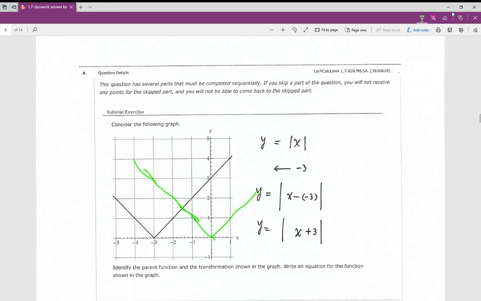Now, you see that the graph shifts to the left-hand side 3 steps. When shifting left or right, it needs to be take away, take away -3. So in the end, the whole function is y equals absolute value of x plus 3.